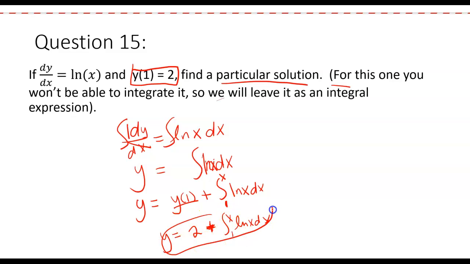And there it is. For this one, since we couldn't actually integrate this, we had to leave it as an integral. And since we left it as an integral, the way you incorporate your initial condition, instead of plugging it in to find C, is you make that your starting amount, making sure that these numbers here match, and then this part is 2. So that's how you handle that one.